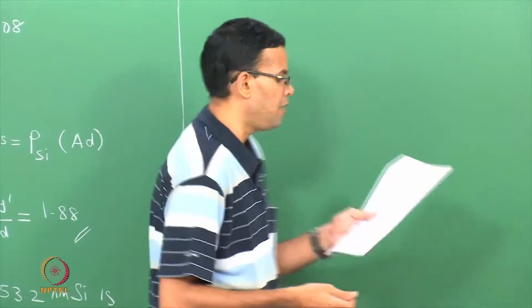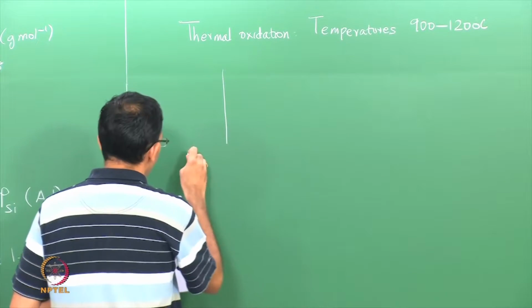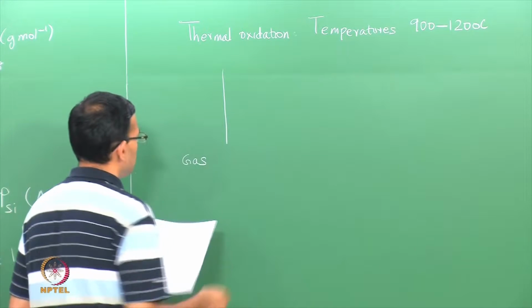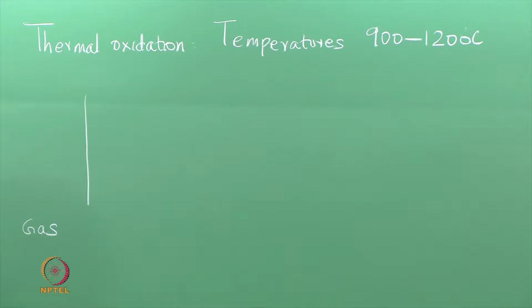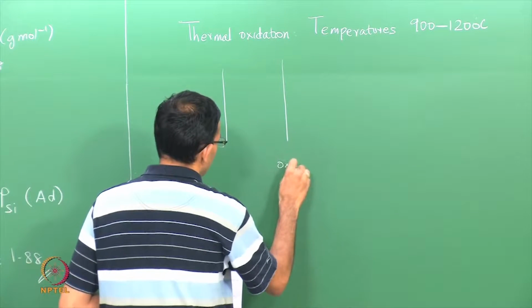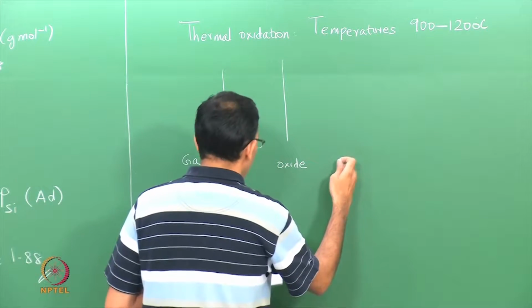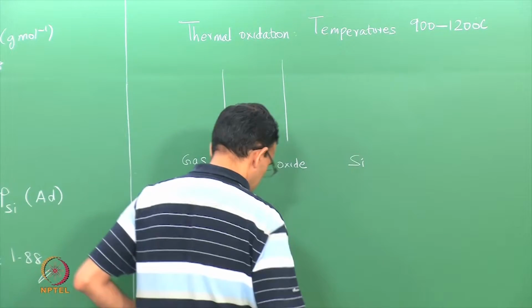So, we can look at a basic model for oxide growth. So, we first consider the gas phase. The gas phase has the species that forms the oxide. Then there is an oxide layer that forms on your silicon, and then ultimately you have the silicon.